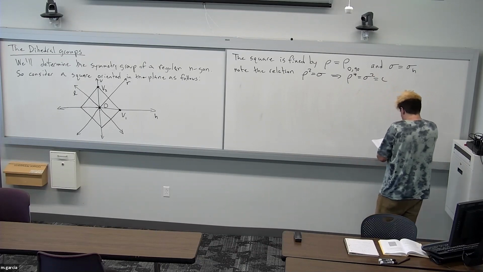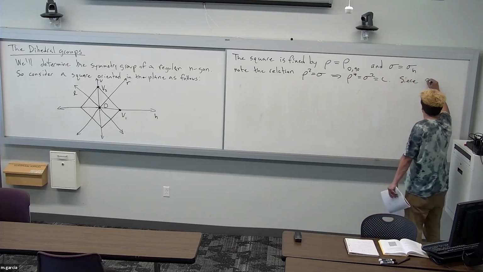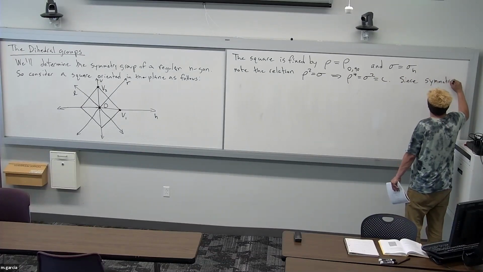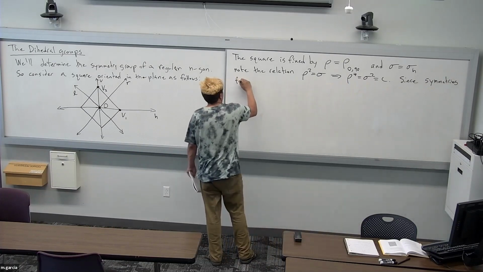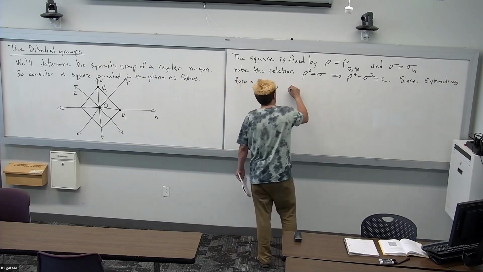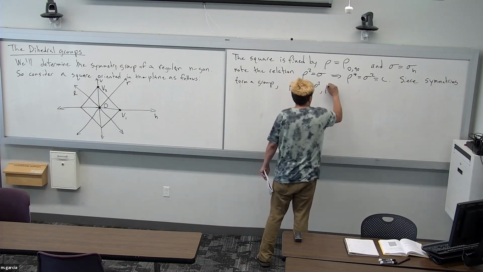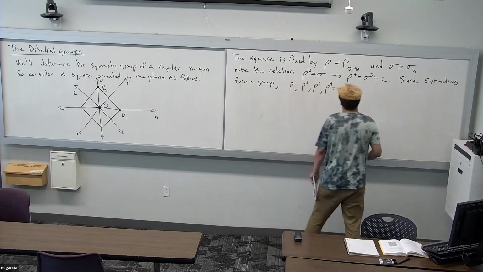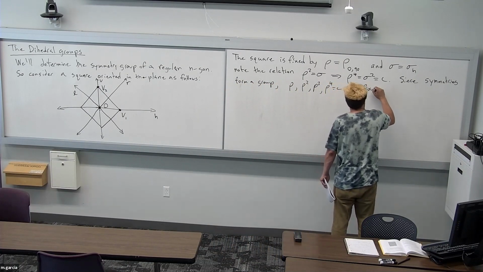Since we proved the symmetries of any figure form a group, we know that rho squared, rho cubed, and rho to the fourth, obviously equal to iota, all fix the square.